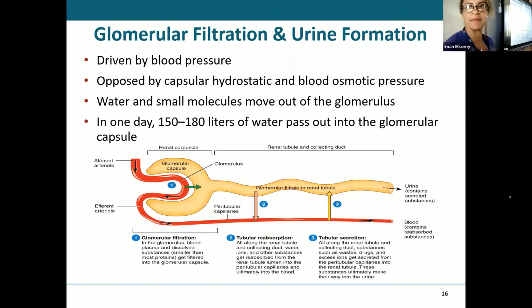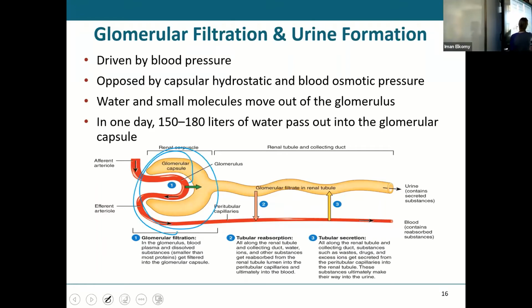So we were talking about glomerular filtration and urine formation. The first part of urine formation is filtration, and that's what happens in here, between the glomerulus and the glomerular capsule, right?